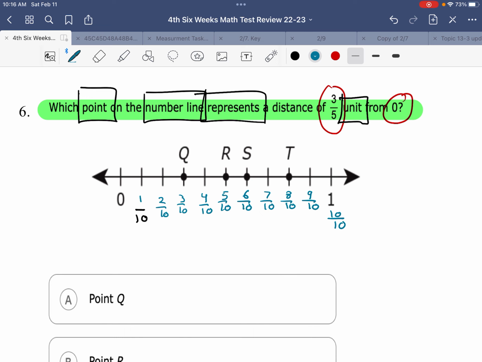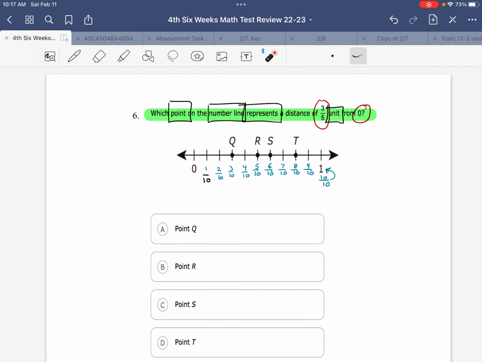I know I did this right because remember, if you have a fraction with the same number on the top and the same number on bottom, that equals 1 whole. Okay, so I did that right. So now I labeled my number line, but I still don't see that fraction 3/5. Okay, so we're gonna find out how we find that.